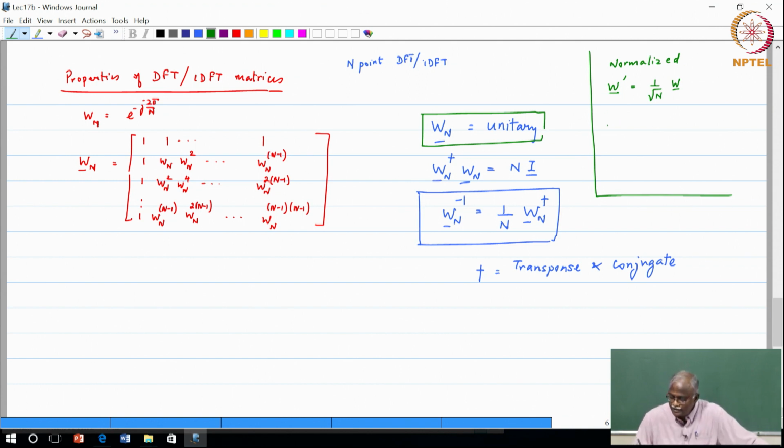In that case W prime inverse will be 1 over root N times W dagger. So, you have a 1 over root N scale factor for both matrices and not just 1 over N for the inverse.